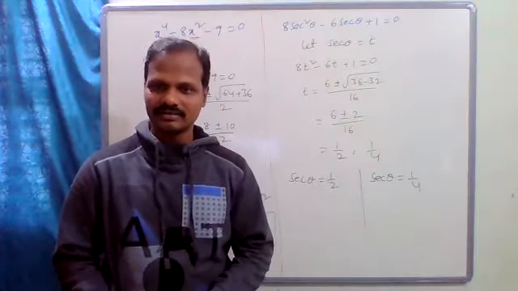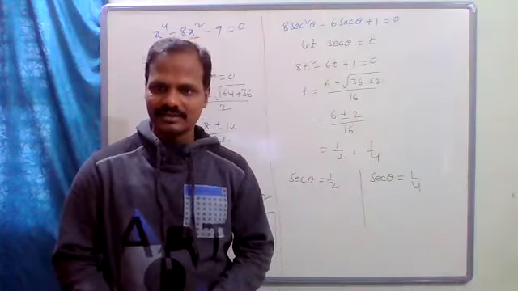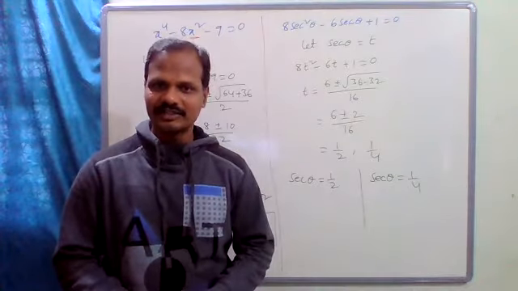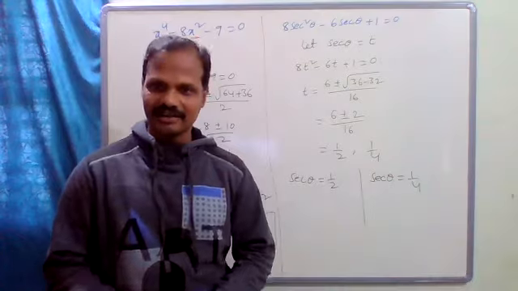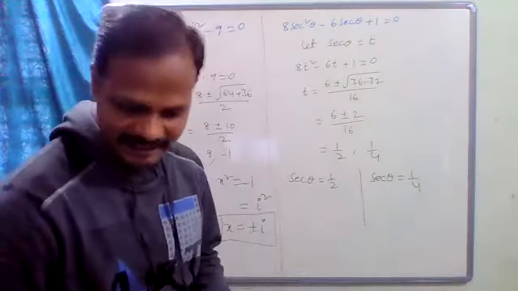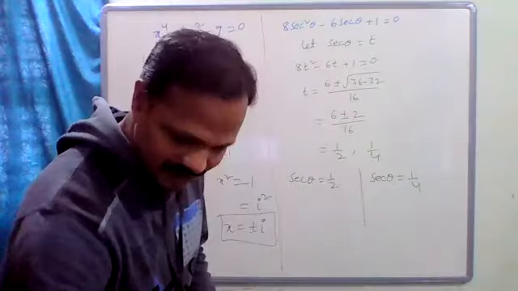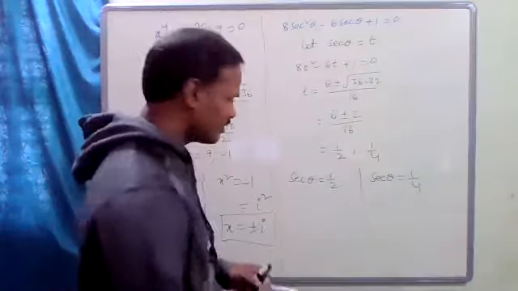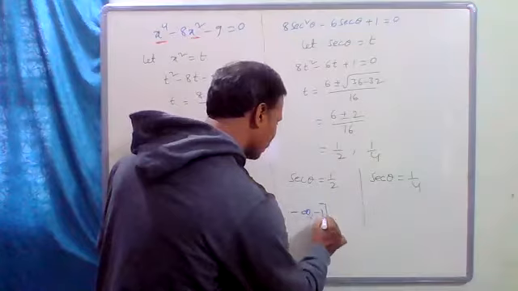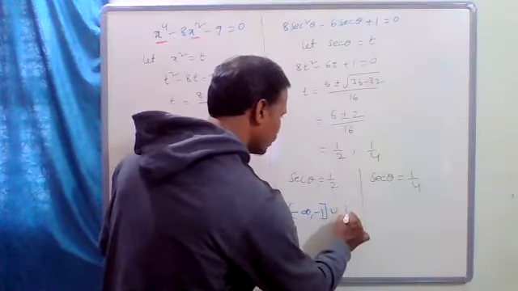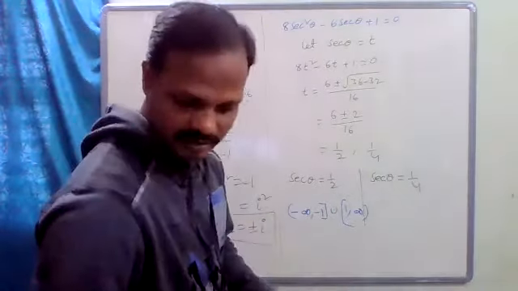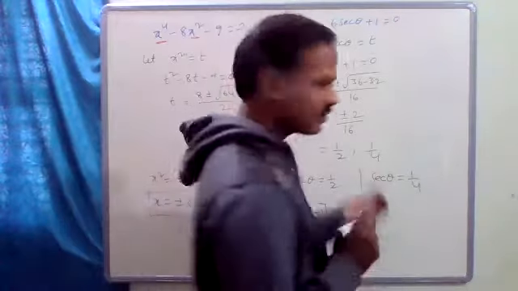Which one? Yeah, range. Fine. What is the range of secant theta? Anybody have an idea? The range of secant theta is minus infinity to minus 1 union 1 to infinity. Is it clear?